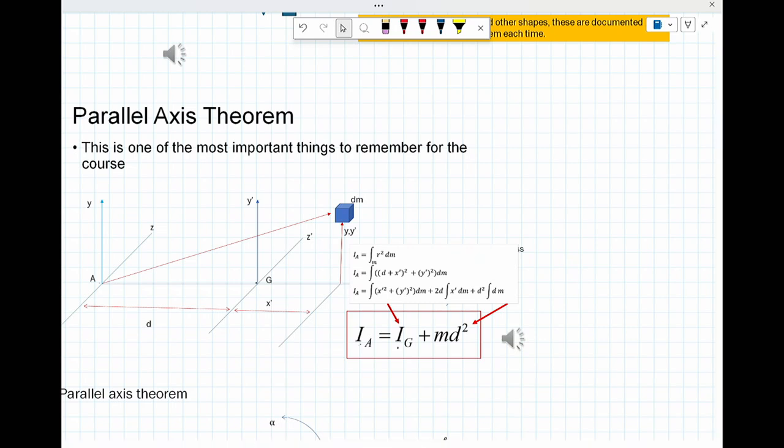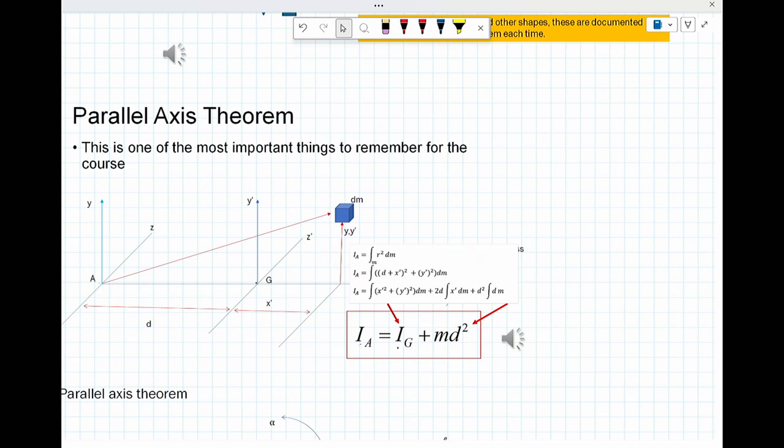Sorry, let me back up a tiny bit. You do not have to rederive everything every time, but you do have to know certain things. One thing you absolutely have to know is the parallel axis theorem. You need to know the moment of inertia for a long slender rod, for a disk, and for a hoop. I'll talk more about the hoop in a second.